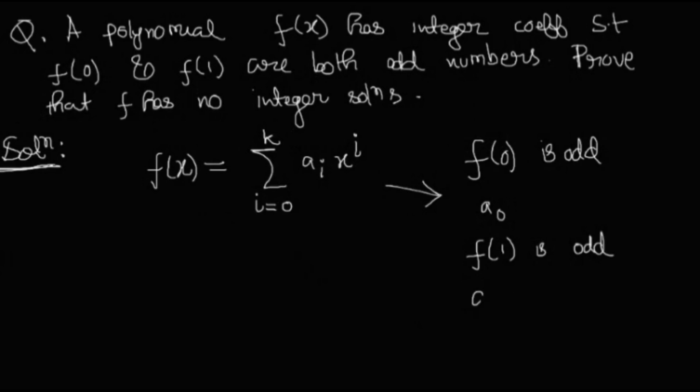This means that a naught plus a1 times 1 to the power 1 plus a2 times 1 squared, and so on, up to ak times 1 to the power k, all these terms become a naught plus a1 plus a2 and so on.